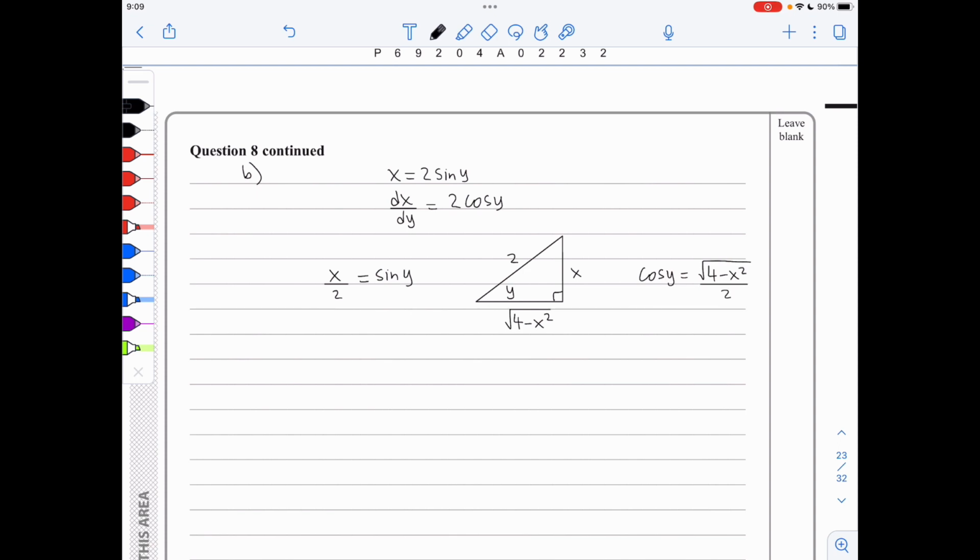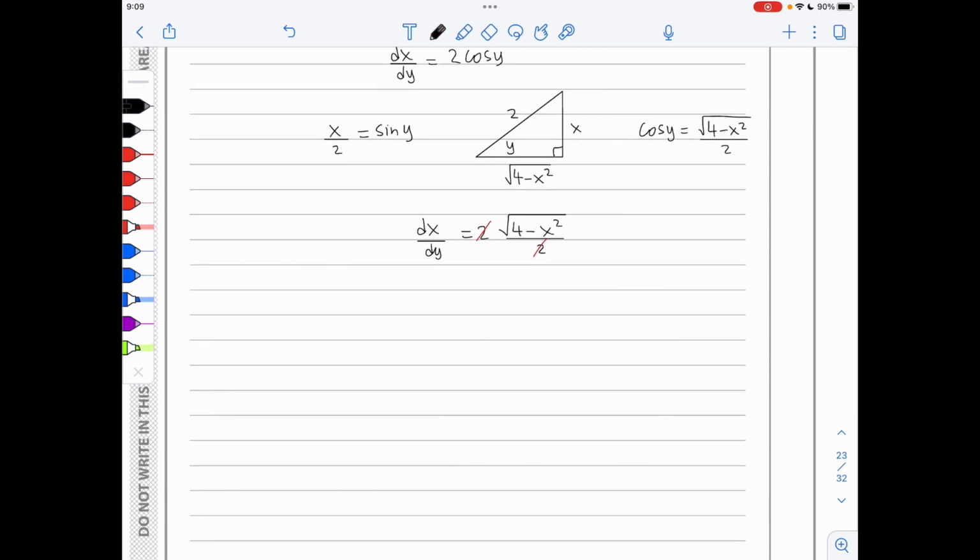So I can go back to the dx dy and substitute the cos y with root of 4 minus x squared over 2. Now the 2's will cancel out, and therefore I can now take the reciprocal to give me that dy dx is equal to 1 over root of 4 minus x squared.